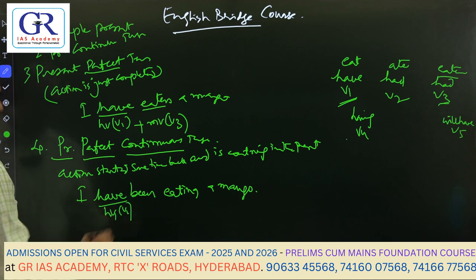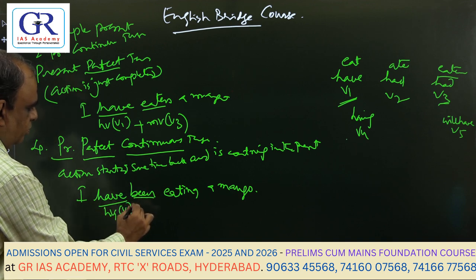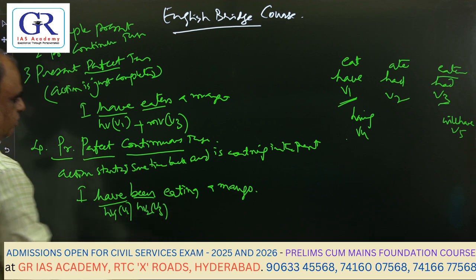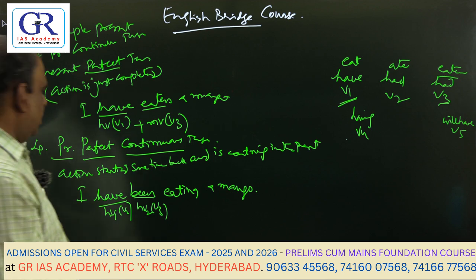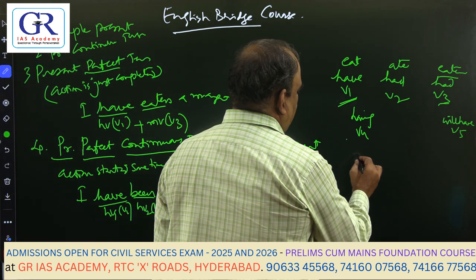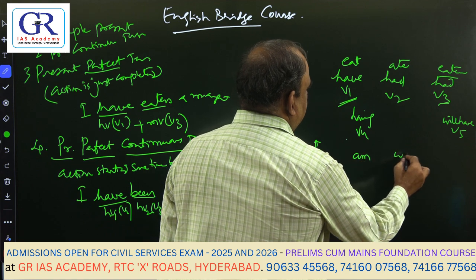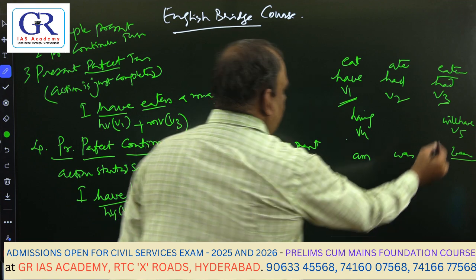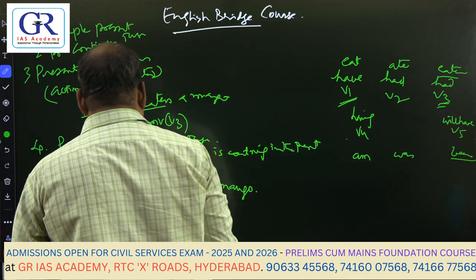This is helping verb 1, this is helping verb 2, which is in V3 form. As I have told you, be, was, been, or am, was, been. So been is V3 form. Okay.